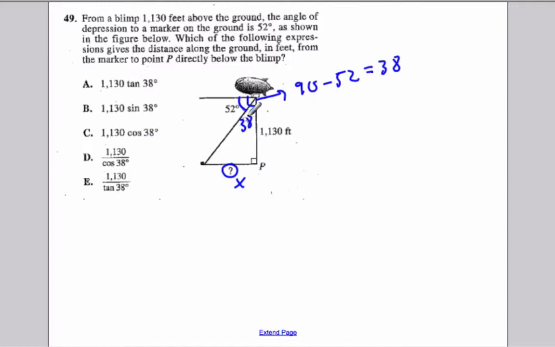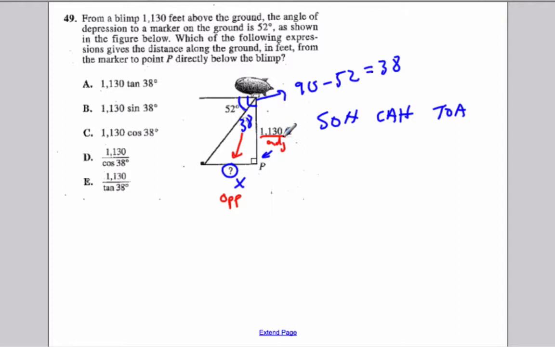Because we know we're dealing with a right triangle, we can use SOHCAHTOA again. So we can go ahead and set this up and see what happens. Where people run into trouble first is they go, well, which one do I use? Sine, cosine, or tangent? And how do you know? Well, let's look at the information we have. Compared to the 38, we have the opposite that we're trying to find, and we know the adjacent.